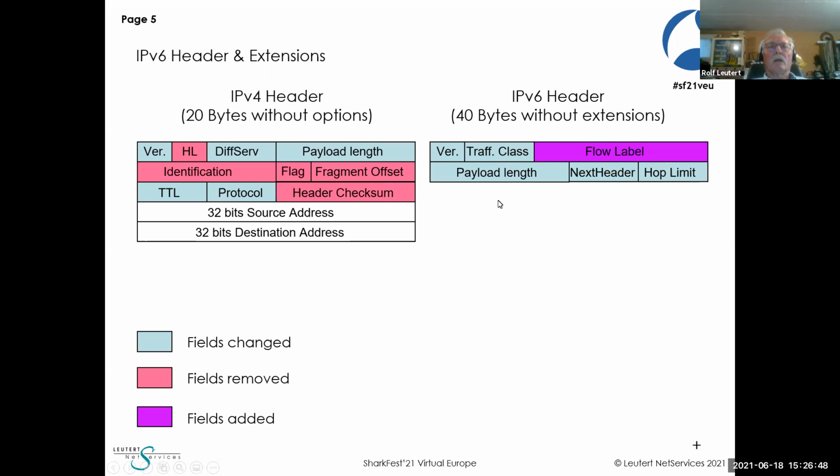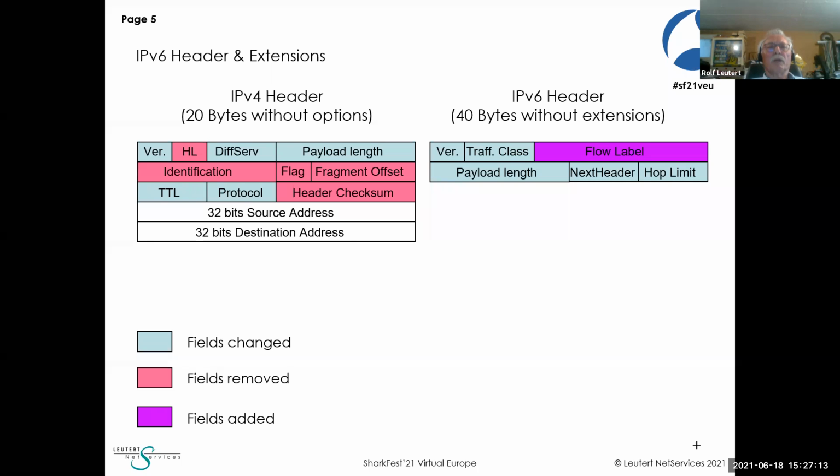We don't have the header checksum, which is turned off anyway a lot of times, not used anymore. It's useless because we have a checksum over the frame, the Ethernet checksum. When IPv4 was invented, IPv4 was not necessarily transported over Ethernet, so they provided an additional checksum for safety, so this is gone.